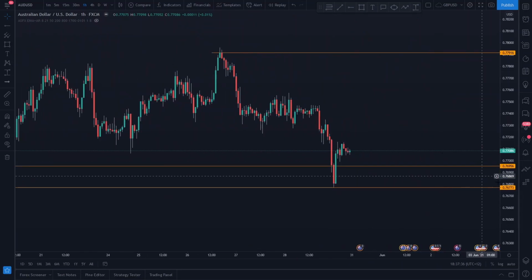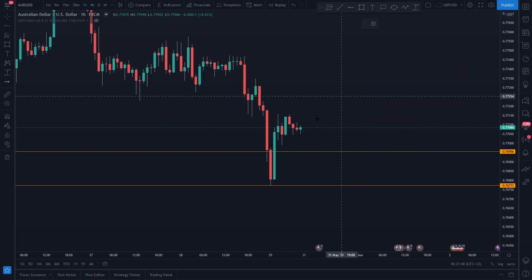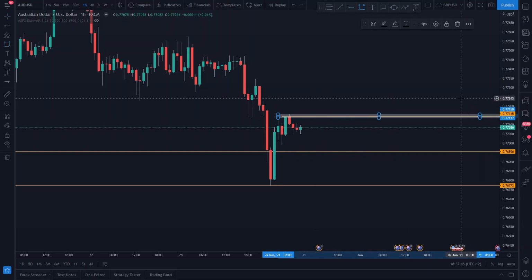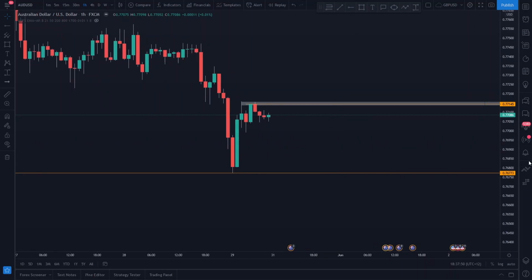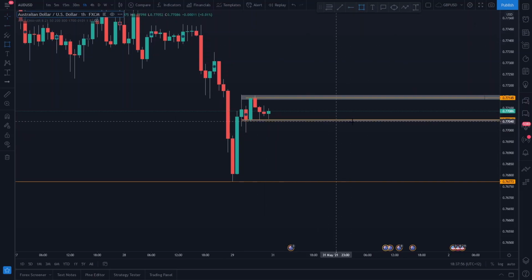AU is always very, very dirty and it's hard to analyze as well. But anyways, let's just do this. This is the resistance here. I'm just going to get rid of this zone. There you go, and this is where it's forming some sort of resistance.